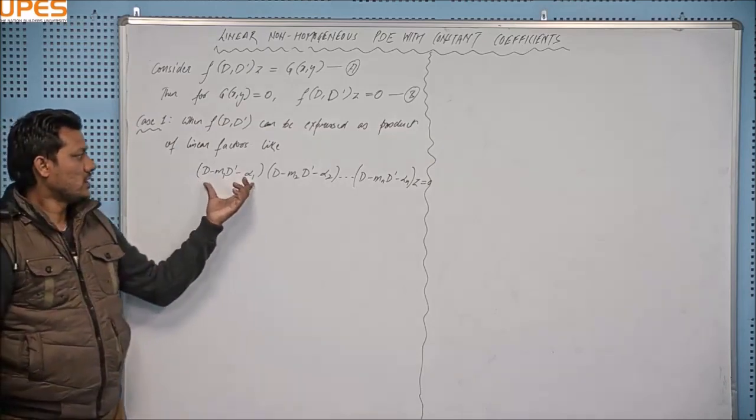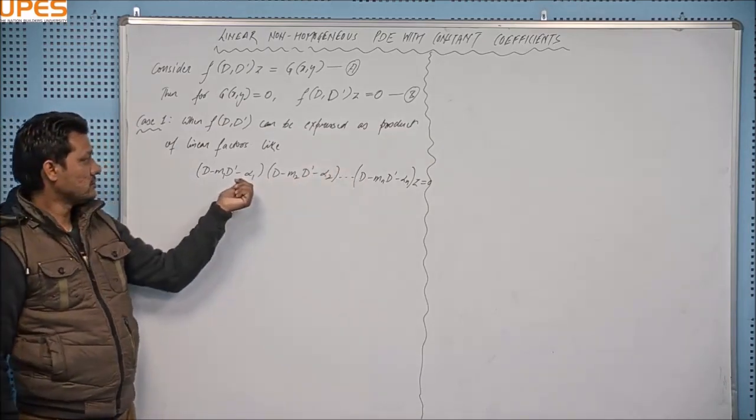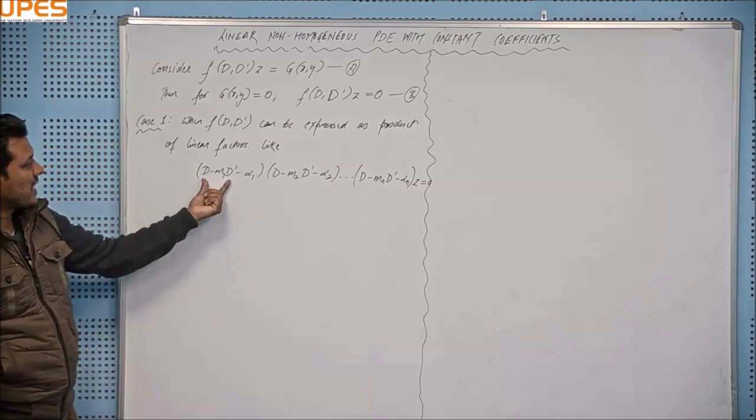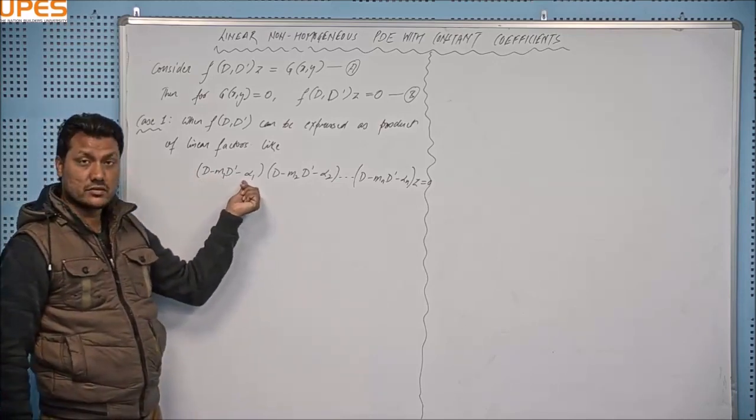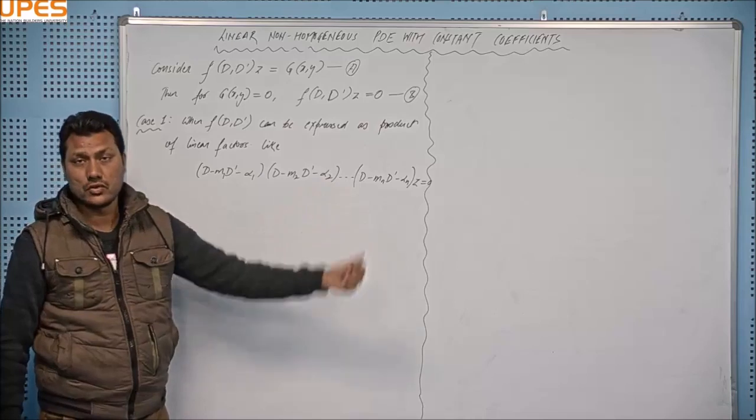So these are linear factors, right? And see here, D - m1 D', but this time we are having this constant alpha 1 and here alpha 2 and so on, correct?